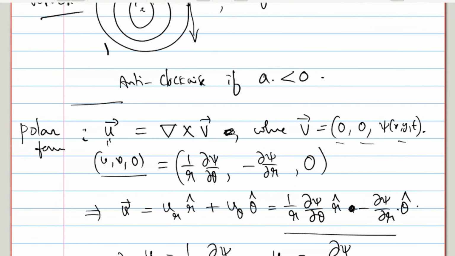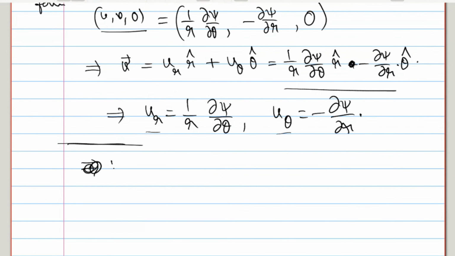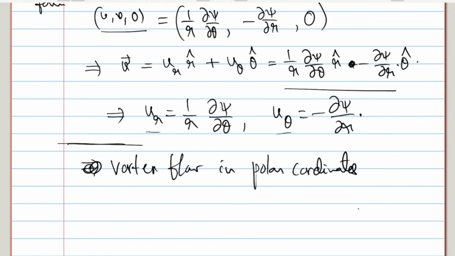So vortex flow in polar coordinates: what is the stream function? If you want to write the stream function psi of x, y, t, it is going to be psi of r, theta, t.